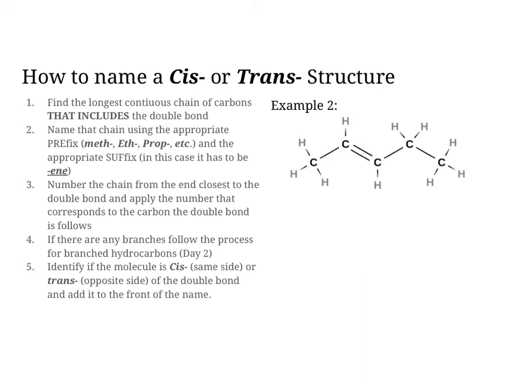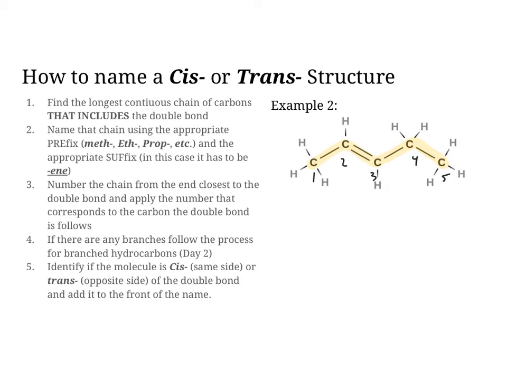Okay. Here's another example. It happens to be the same structure, but a different orientation. So these are 5 carbons long. When I go to number it, 1, 2, 3, 4, 5, I could go back the other way, 1, 2, 3, 4, 5. But I see that I get to my double bond going from left to right instead of right to left, so this is the appropriate numbering scheme.